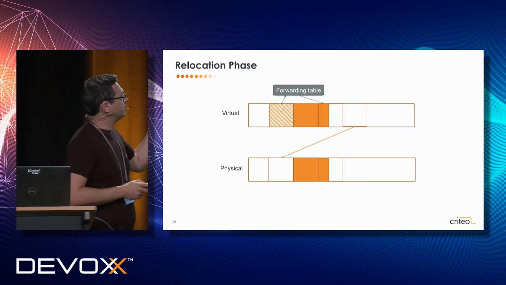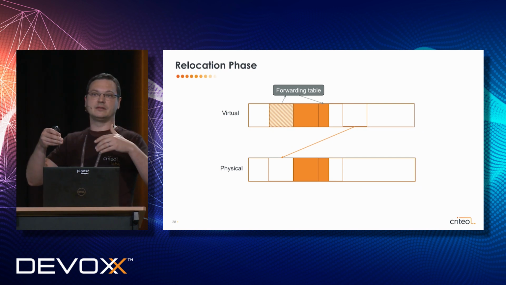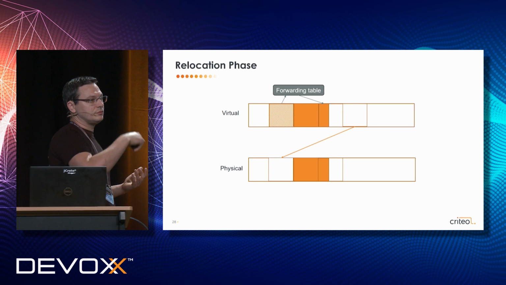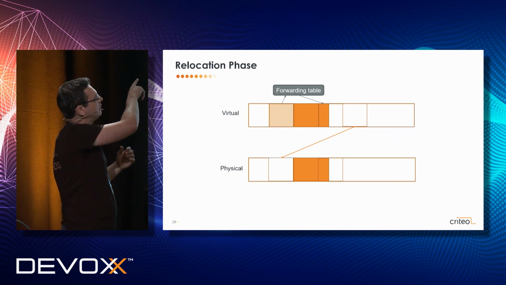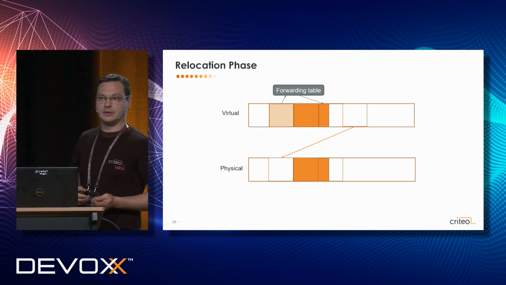As the page is protected, every application thread that tries to access an object inside this page will trigger the trap, and then trigger the move of those objects, using the forwarding table to access the new location if needed.